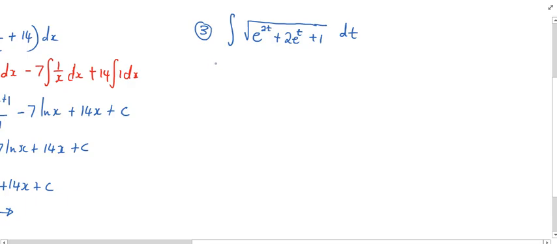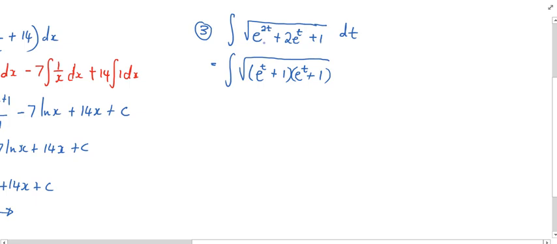What is easier to look at is that we will have to find factors. So let's look at factors. So e to the power of t and e to the power of t can be factors of the first term multiplying together, and the last term, the multiples of it is 1, and we can say this is positive and that is positive.